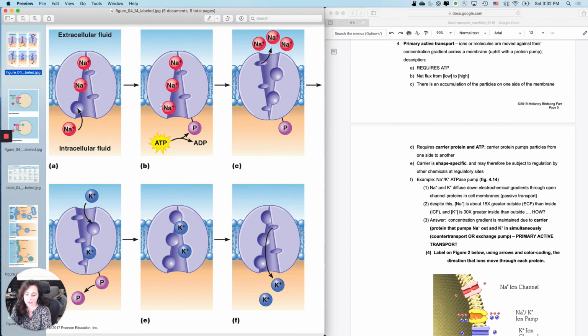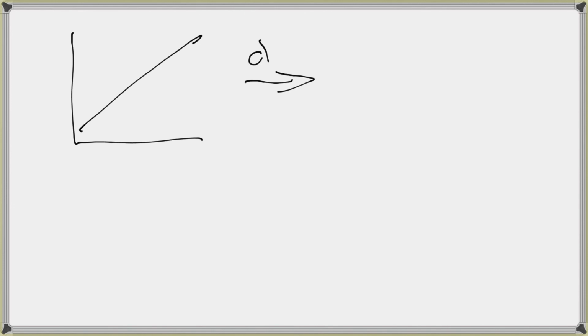Whereas with diffusion, we said that if you start out with a concentration gradient and you just do diffusion, then what you're going to get over time is basically the concentration gradient is going to be lost. You're going to have the same amount everywhere. So what happens with active transport?